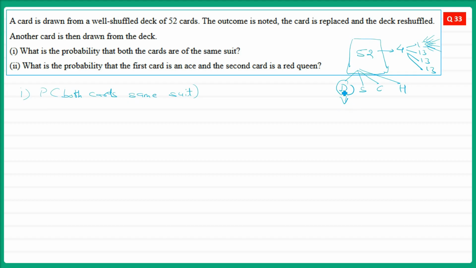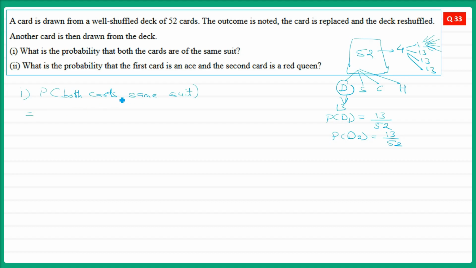So let's say it's diamond. How many diamonds are there? 13. How many cards are there in all? 52. So the probability of getting a card from the diamond suit, 13 are the favorable cases, 52 the total number of cases. So 13 by 52 is our probability of getting a diamond. Now since the replacement is happening, the probability of getting the second diamond also remains the same. It will be 13 by 52 only.